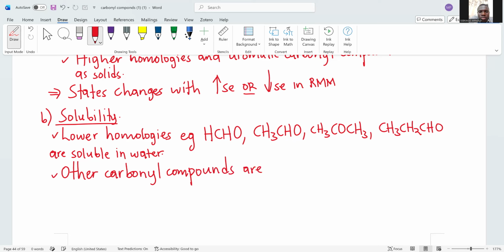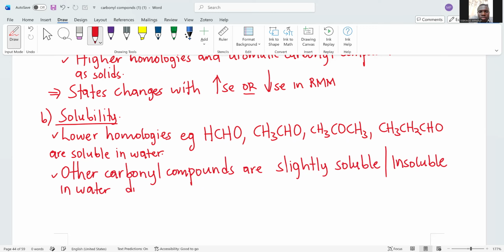Other carbonyl compounds are slightly soluble or insoluble in water.